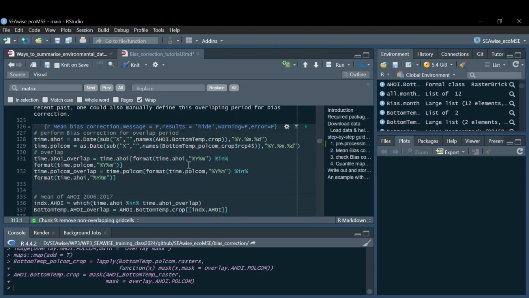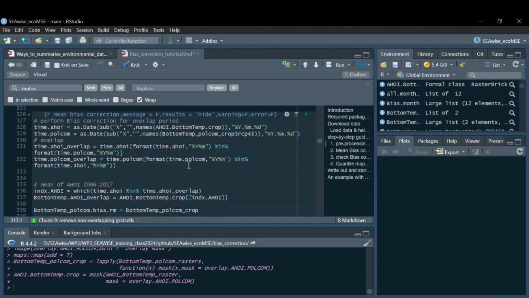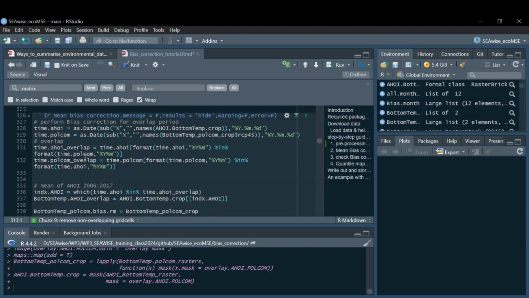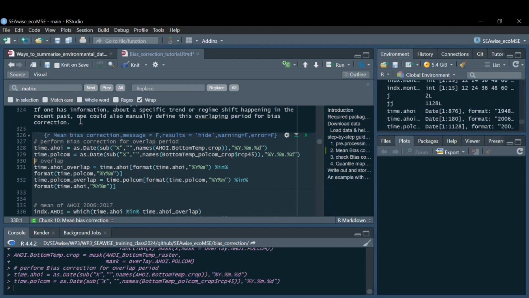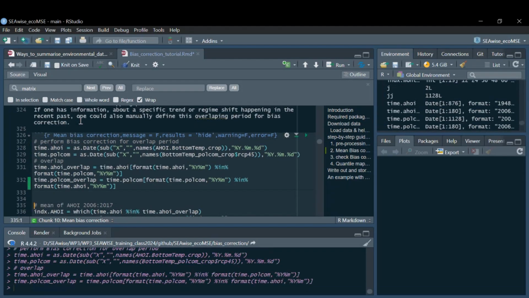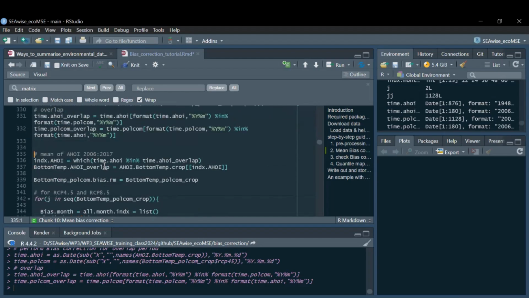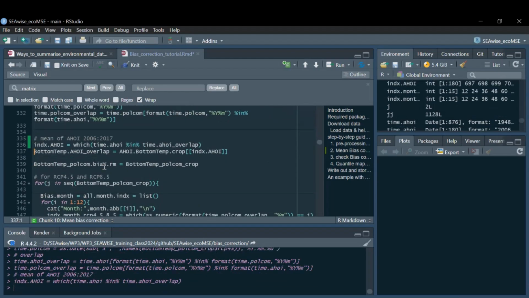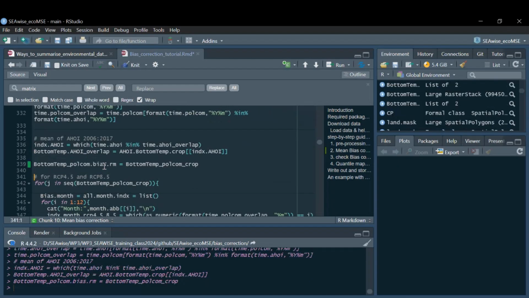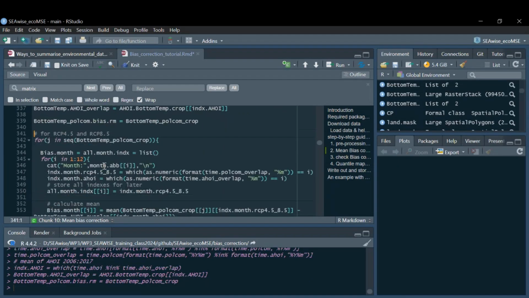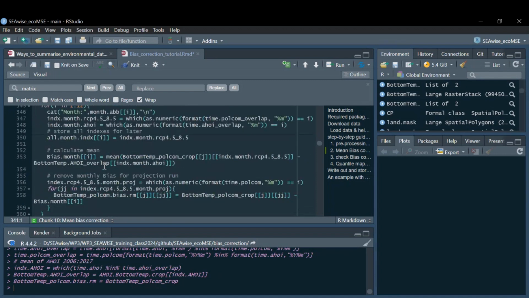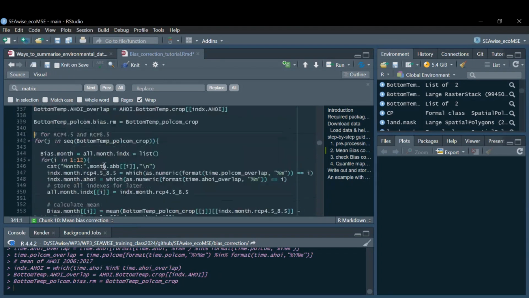And then we do the mean bias correction, where we pick the times of the data sets and get the overlapping period, and then for each month we remove the mean bias here in this loop.